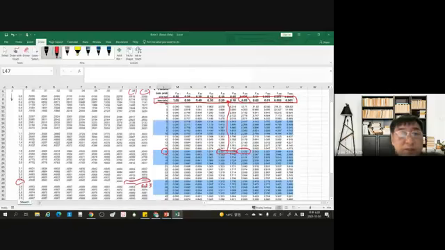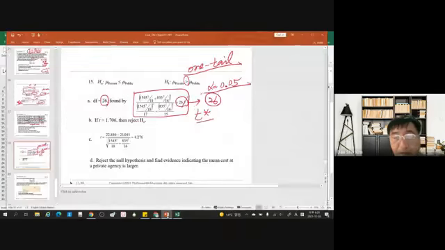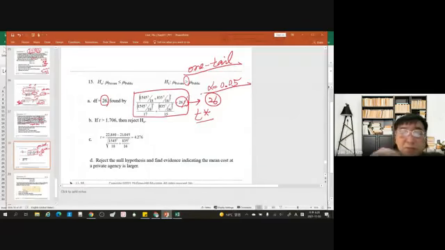So I will erase this one. 26, one tail, 0.05 is here. You go down, and the answer is here, 1.706.